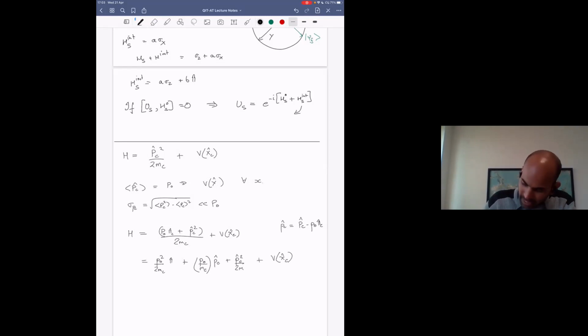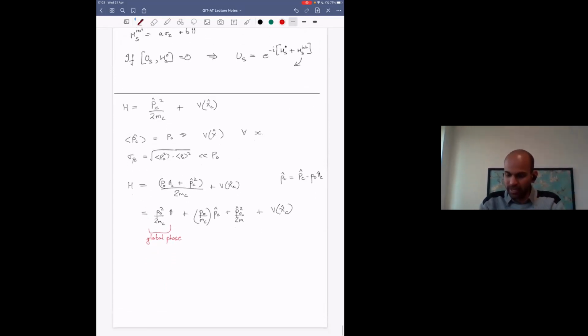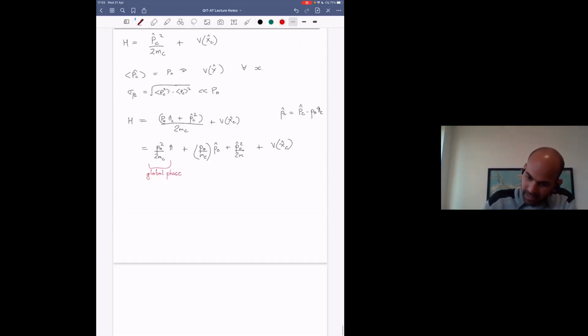Now, as we know from quantum mechanics, this just induces a global phase. We don't need to consider it. We can always just do it without this and add the global phase corresponding to this at the end.